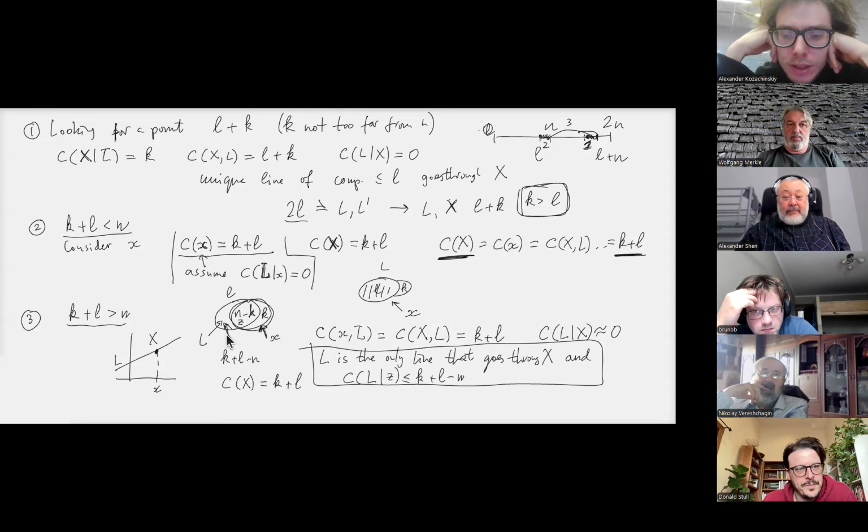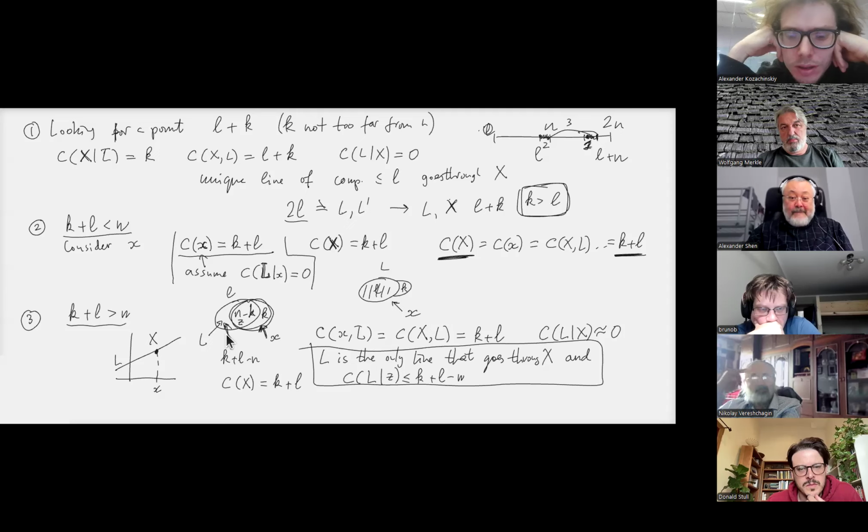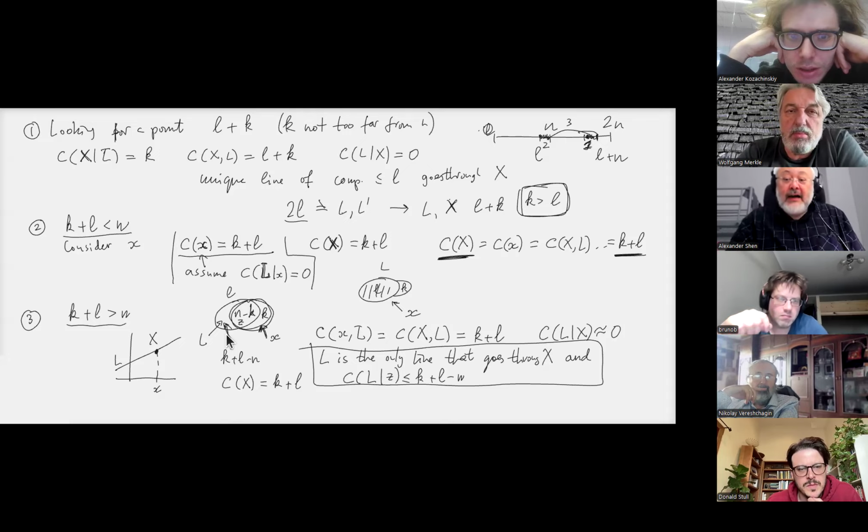It is the only line that goes through x such that the complexity of L given z is at most what it is for L. So if this is the case, how can we reconstruct L given x?